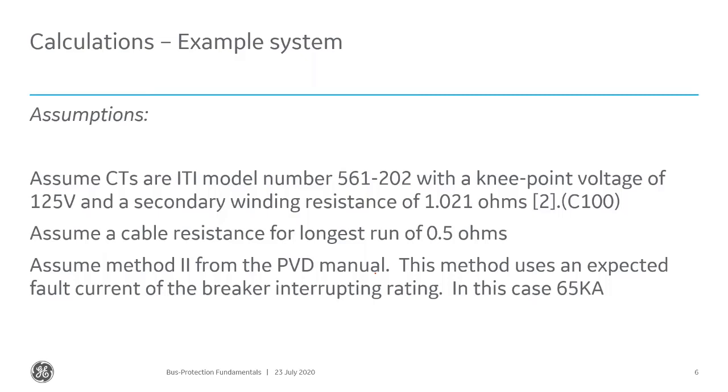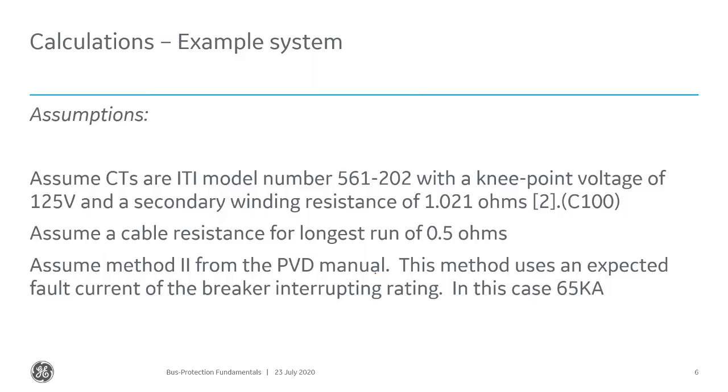The next thing I really need to know is my fault current. In this particular case, the PVD manual talks about what you can do. The best thing to do is to know your actual fault current and use it in your calculation.